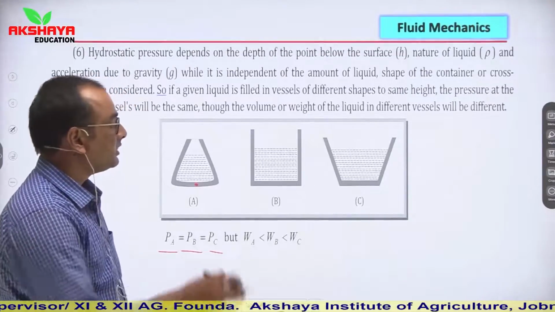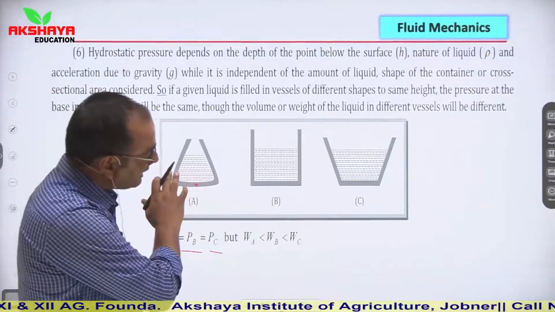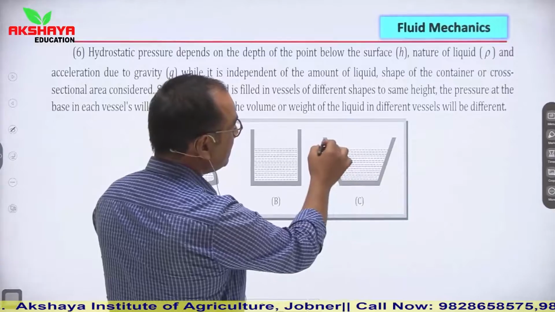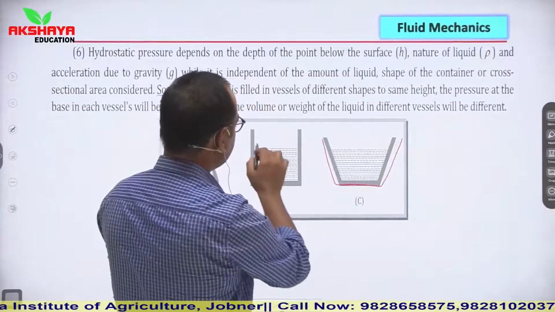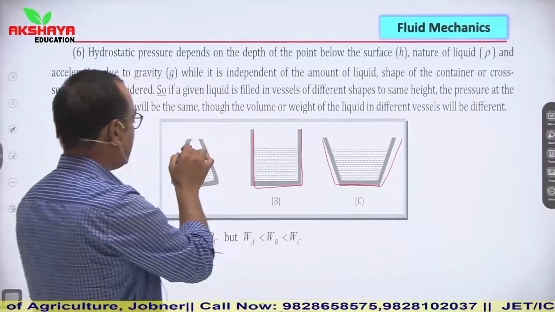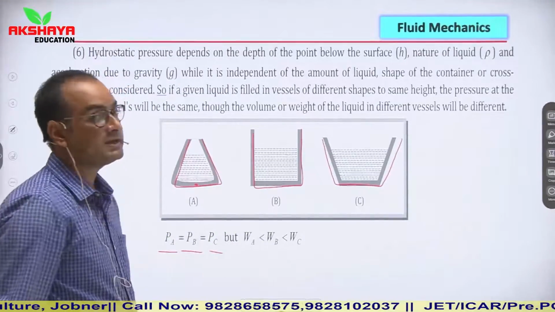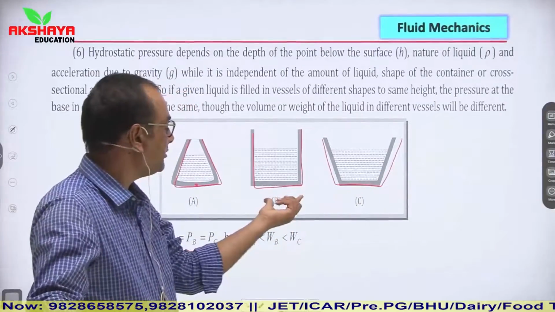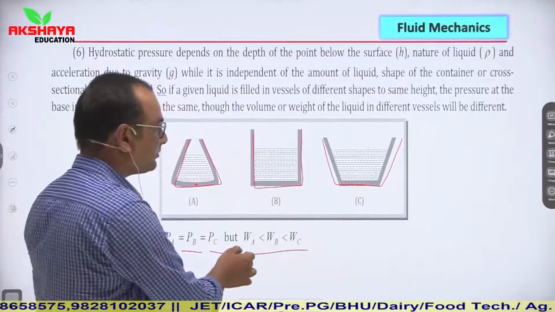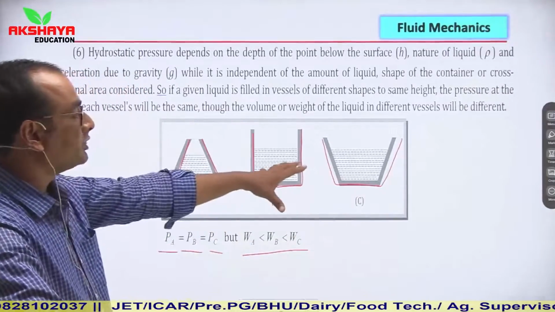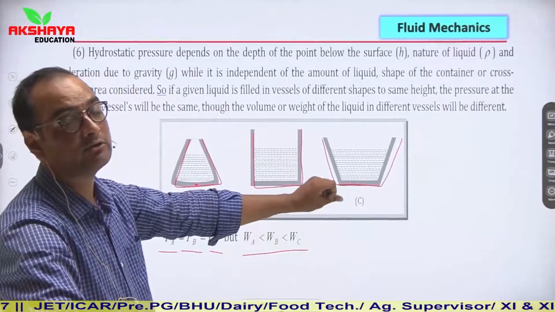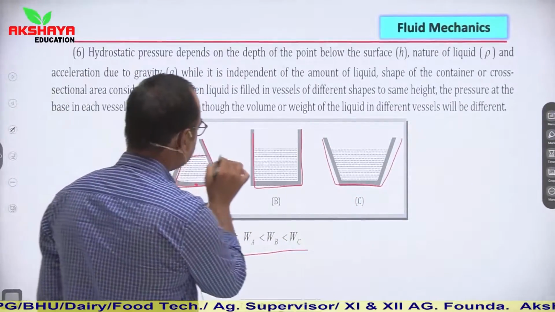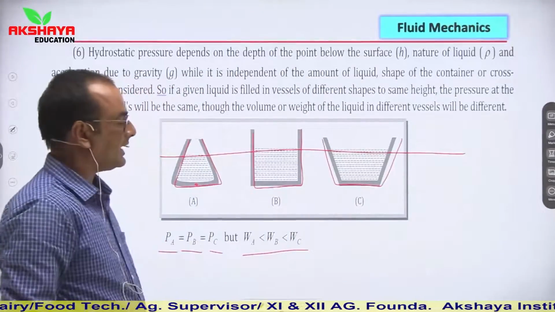It can clearly be seen from these diagrams that the area of C is larger than B, and the smaller area is of A. So we can say that the maximum mass or weight of liquid is in C, then in B, and then in A. So due to different shapes they have different masses and different weights, but their levels are the same, so they have the same pressure at the bottom.